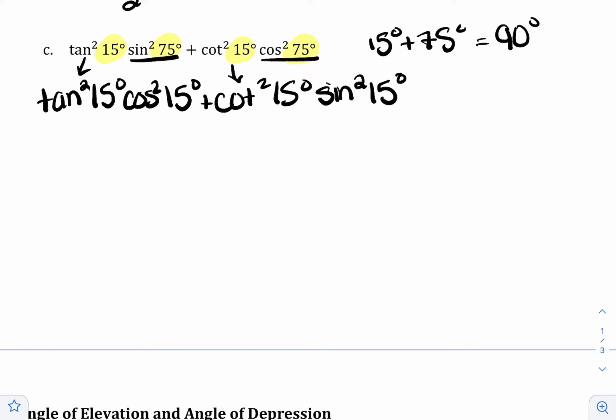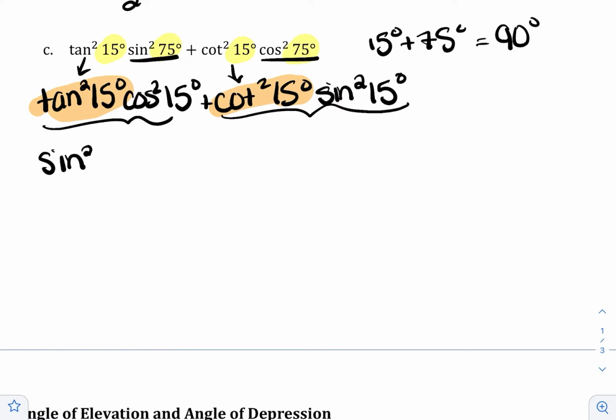So I have something quite complicated, but what I notice is that some of them are in sine and some of them are not. So I'm going to use the quotient identity. So what I'm going to do is I'm going to change tangent squared and cotangent squared. So I'm going to work with these two terms separately. So tangent squared is sine over cosine.